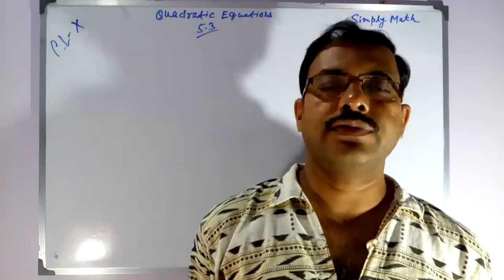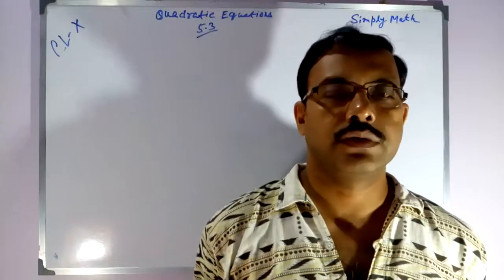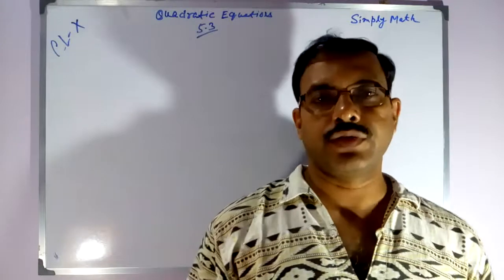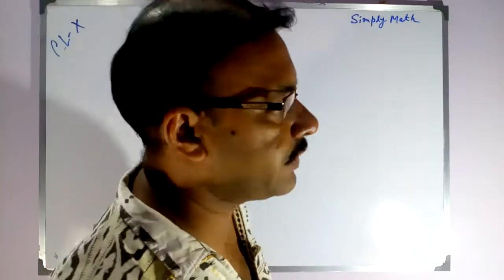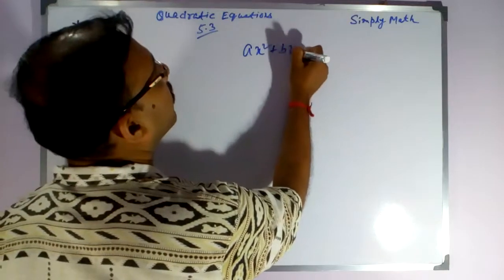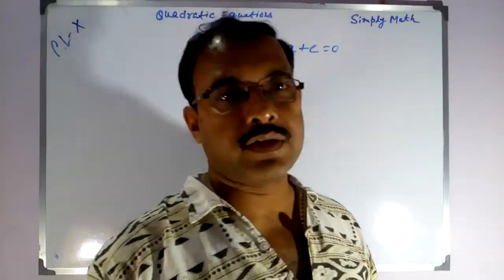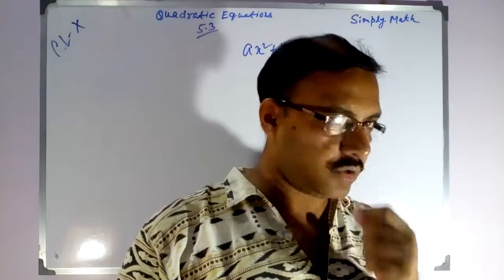So in the earlier class I discussed the quadratic equation, which is ax square plus bx plus c is equal to 0.